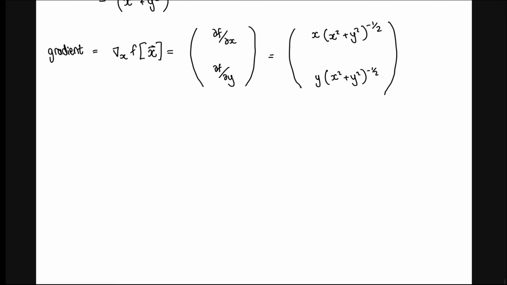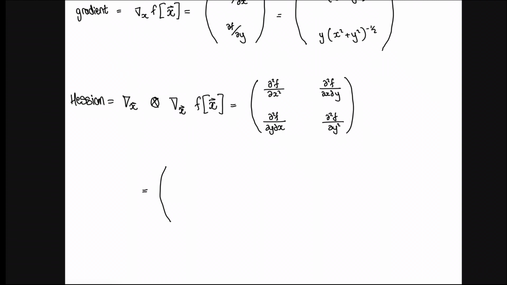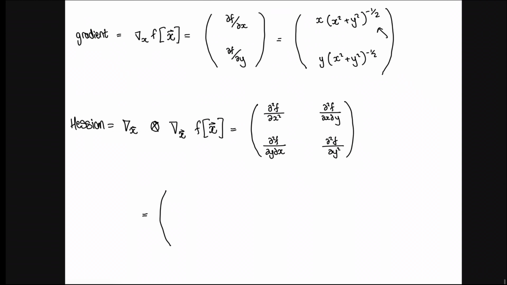Cool. Now, to work out the Hessian, we must work out the second derivatives, so that would be these. So when we differentiate this with respect to x, again, we will get (x squared plus y squared) to the power of minus half. That's just me doing this by product rule, differentiating the x first.